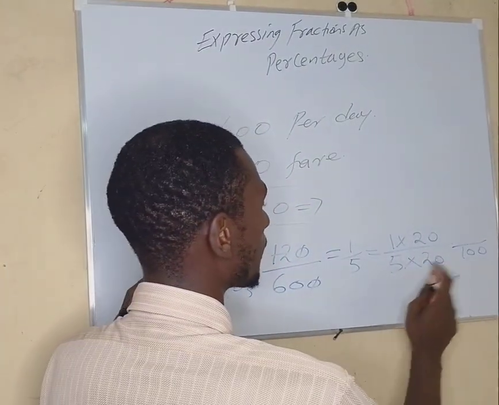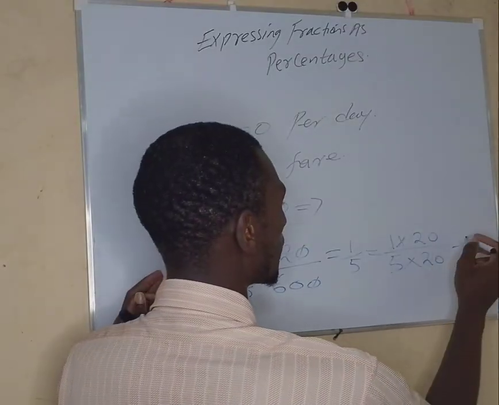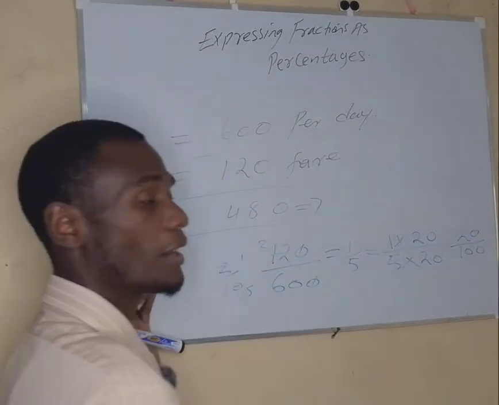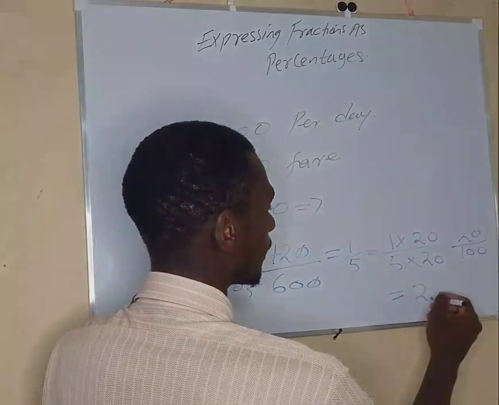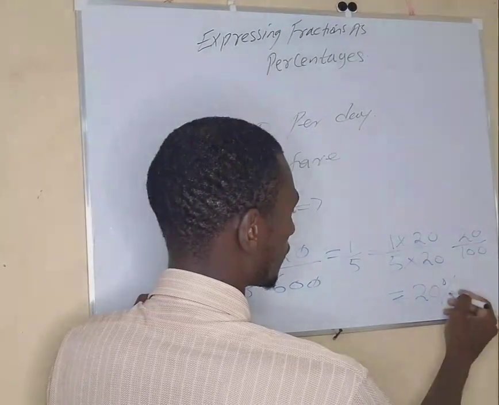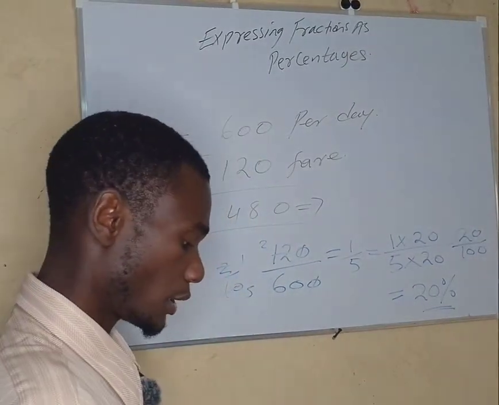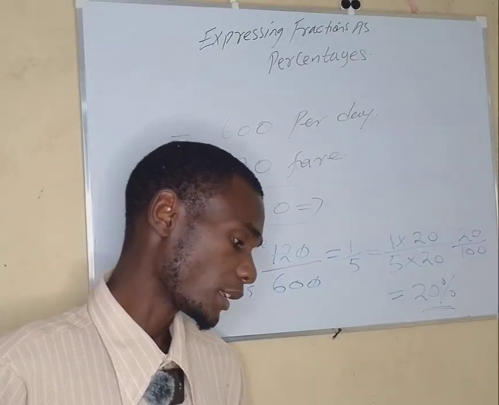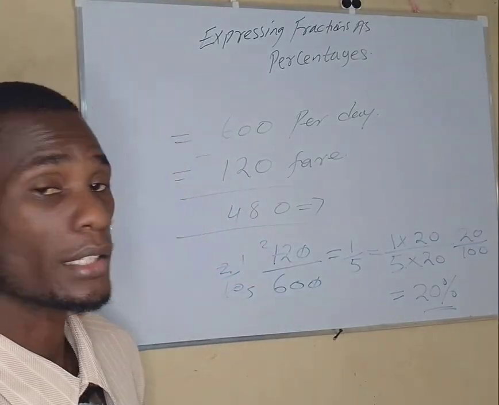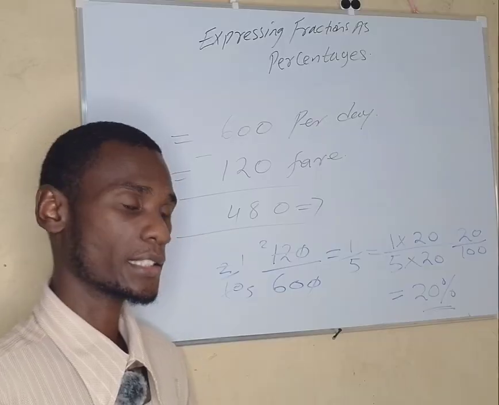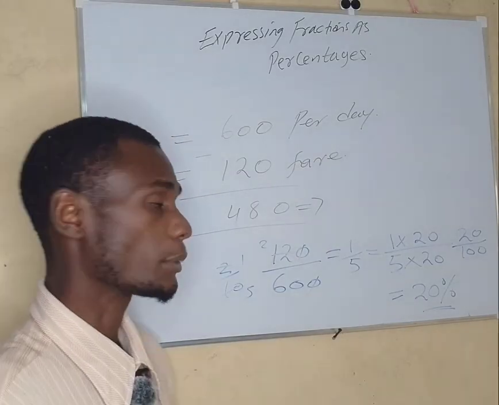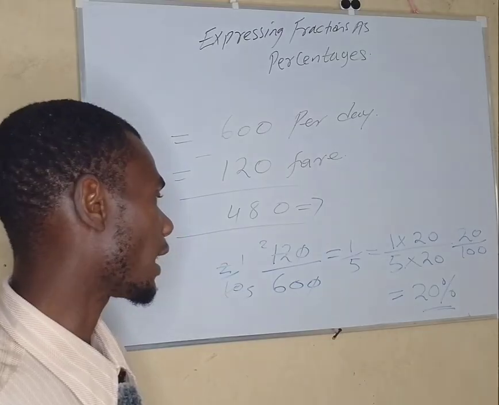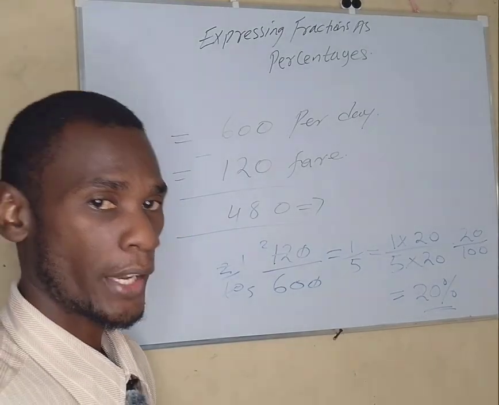So we'll have 5 times 20, 100, 1 times 20, 20. So you will have 20 over 100. Once you have that over 100, it is already a percentage. So in terms of percentage, this person is spending 20% of his earnings on fare. He spends 20% of his daily earnings on fare.